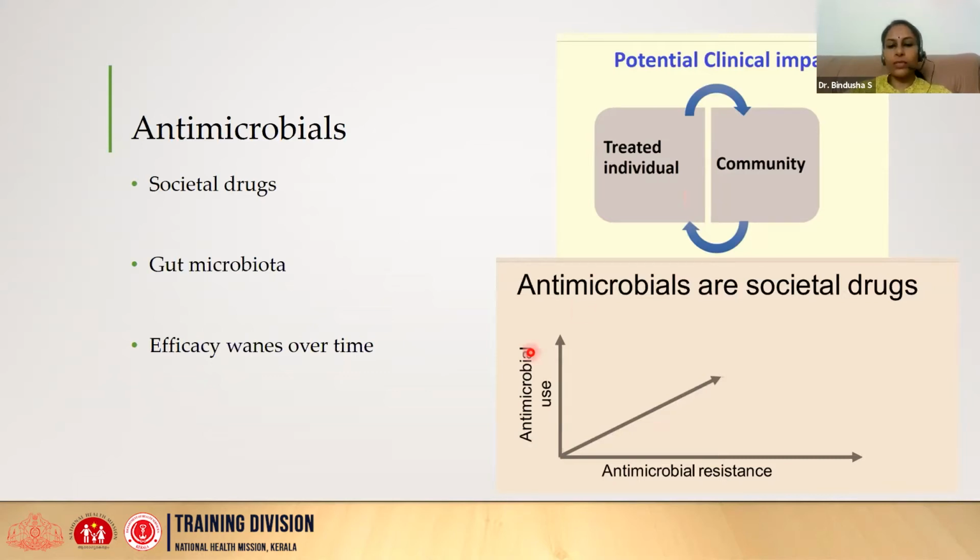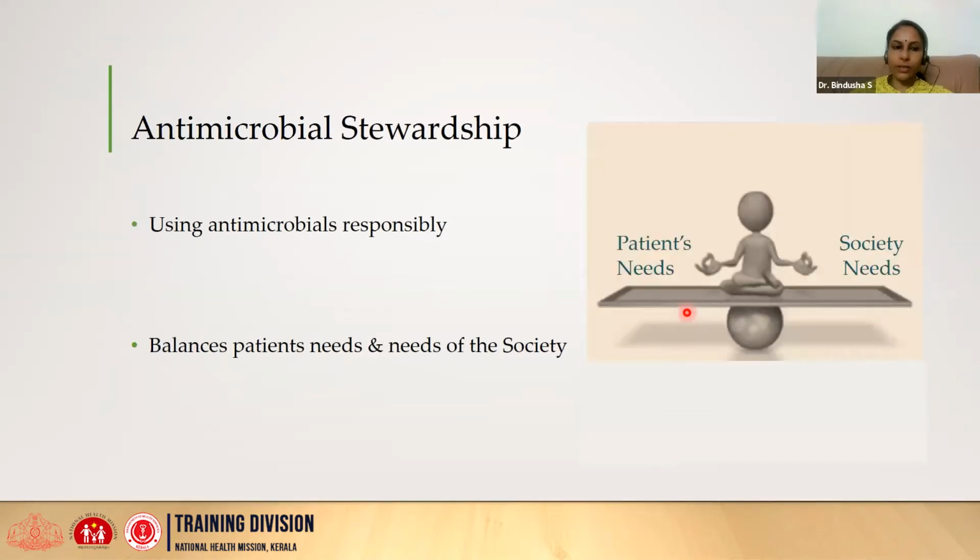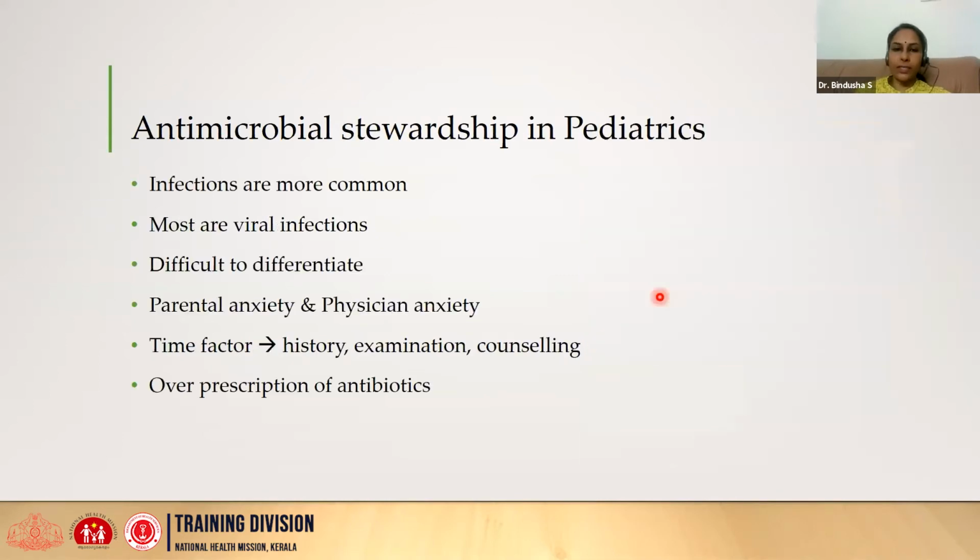So whenever there is an increase in antimicrobial use, the antimicrobial resistance will also proportionately increase. If we are able to use the antimicrobials wisely and judiciously, we can decrease this rate of increase in antimicrobial resistance. So this is nothing but using antimicrobials responsibly by balancing the patient's needs and society's needs. The patient's need is to get cured of the infection, and society's need is to decrease the incidence of antimicrobial resistance.